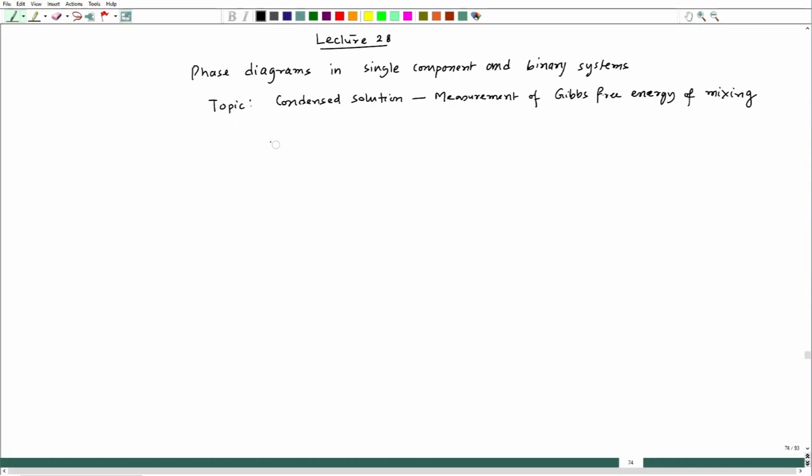And what did we find in the last lecture? We found Gm equal to Xa Ga bar plus Xb Gb bar.